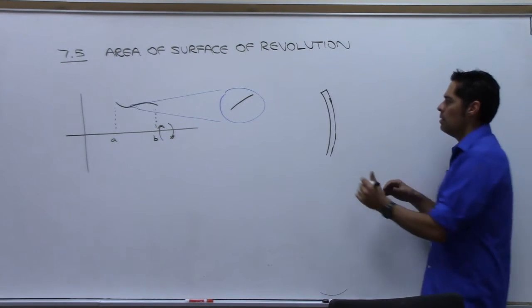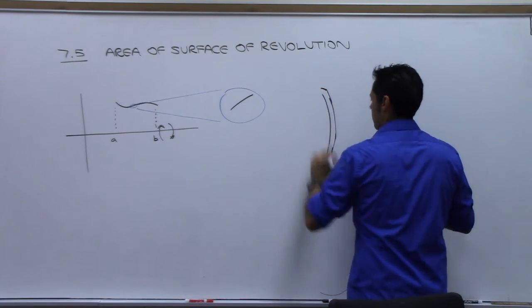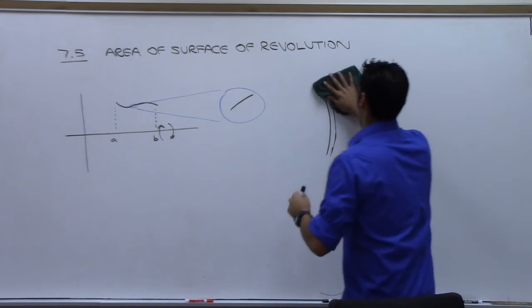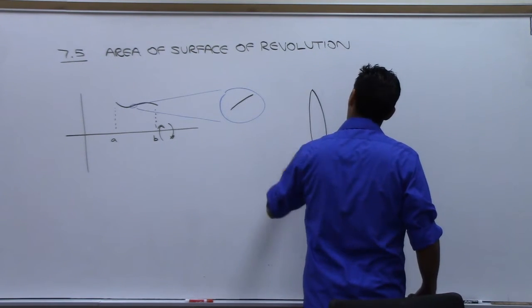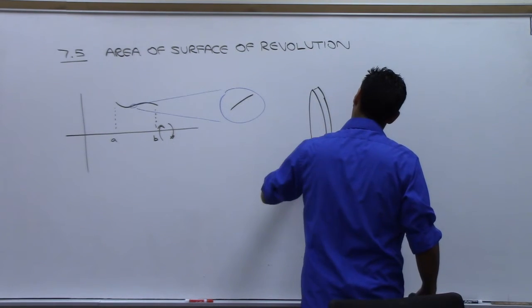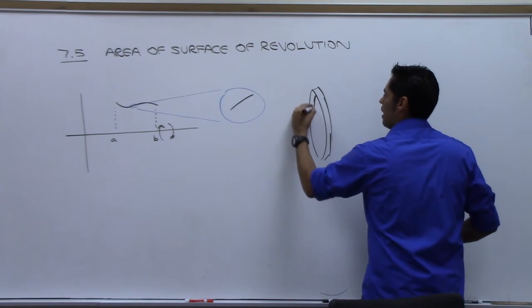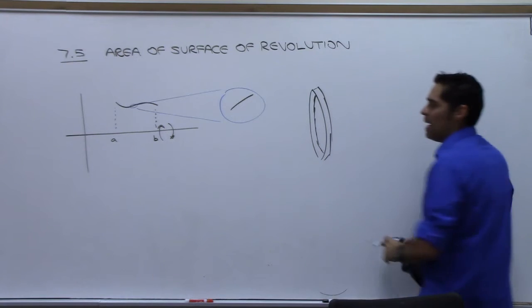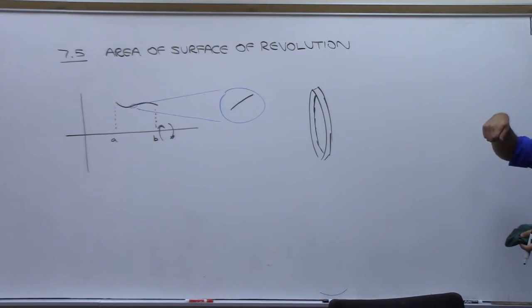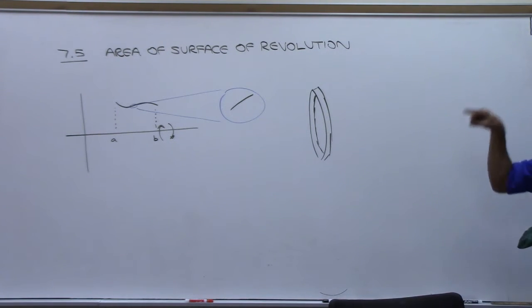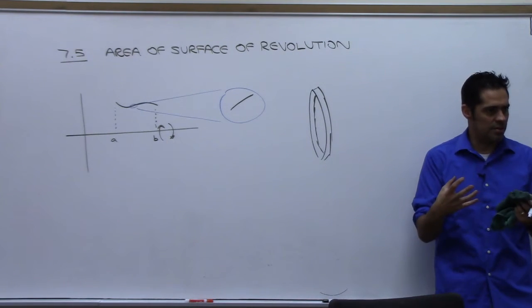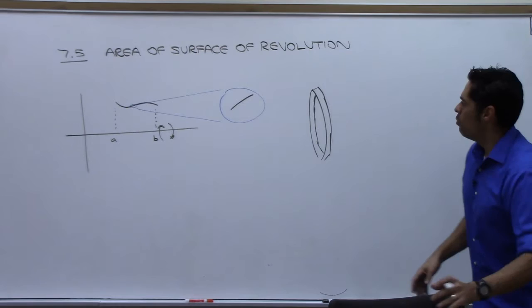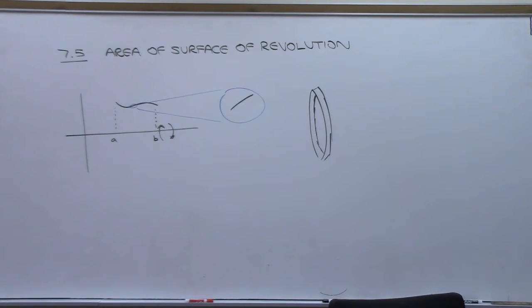What do we care about? Hold on, I need to start this over. If I wrap that little piece around, I'm now looking at something that looks more like a rubber band, okay? And I'm looking at the surface area of the rubber band, as opposed to looking at this as a solid disc. Understand the difference?